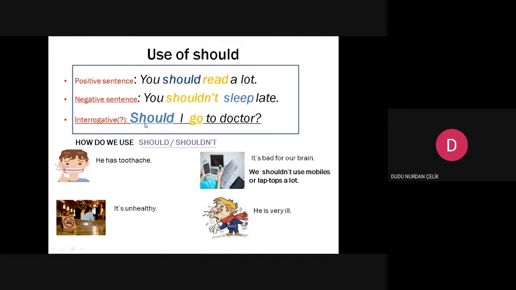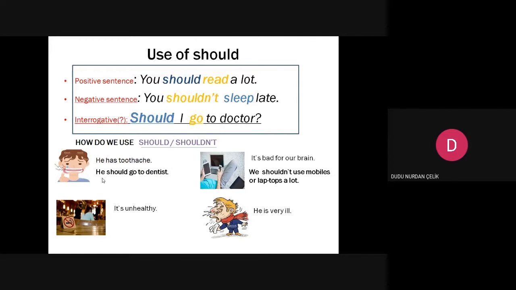Now, let's see how we use them in sentences. In this picture, the boy has a toothache. He has pain in his tooth. So our advice can be like, he should go to the dentist.